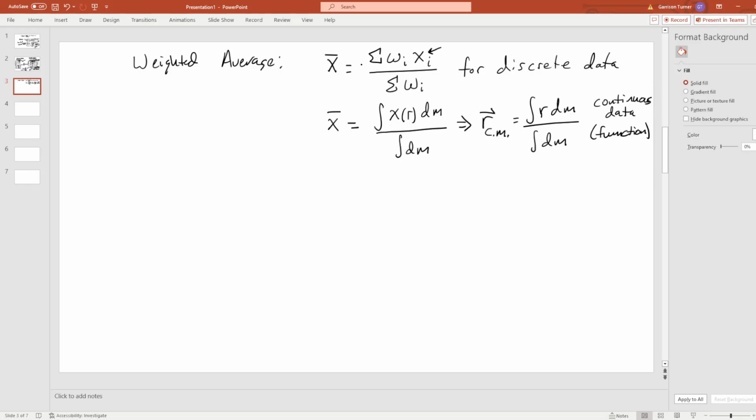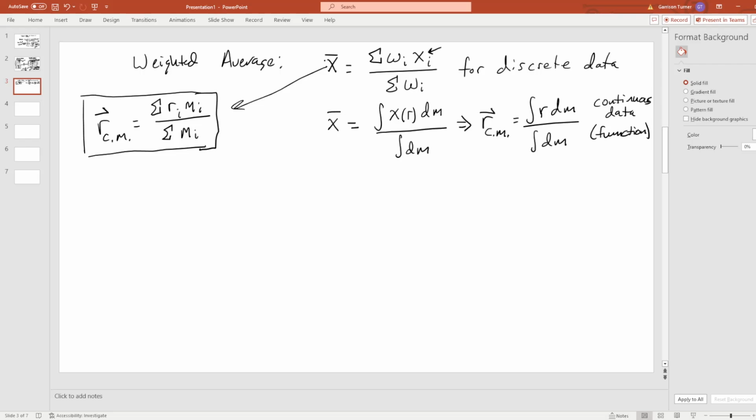To start out, let's actually also rewrite the center of mass for the discrete equation. Okay, so this is the specific form of the center of mass equation for discrete data translated from this general form of a function times its weight.